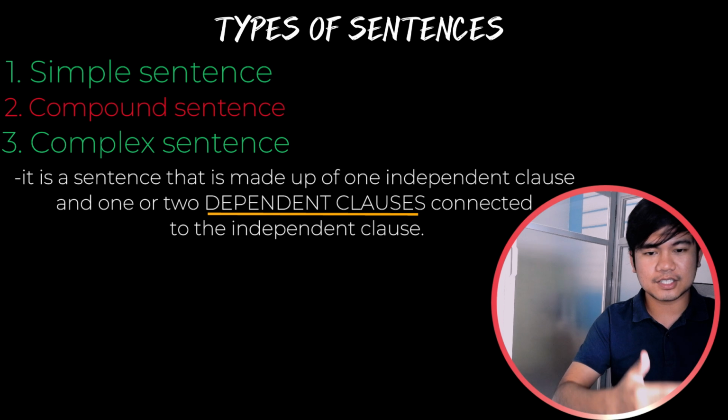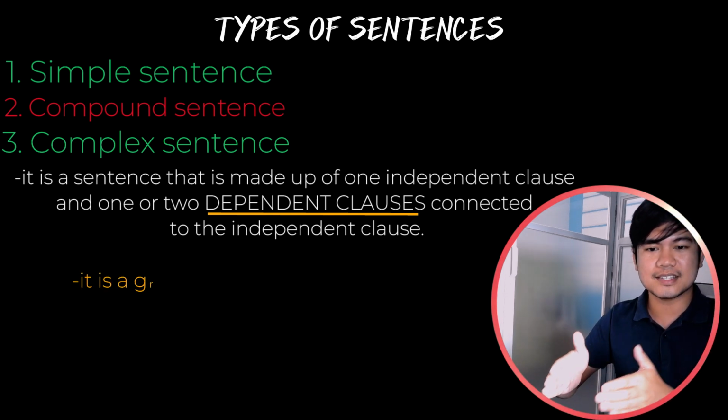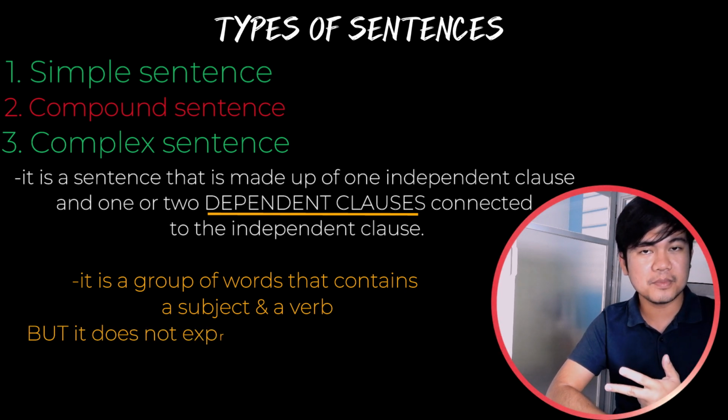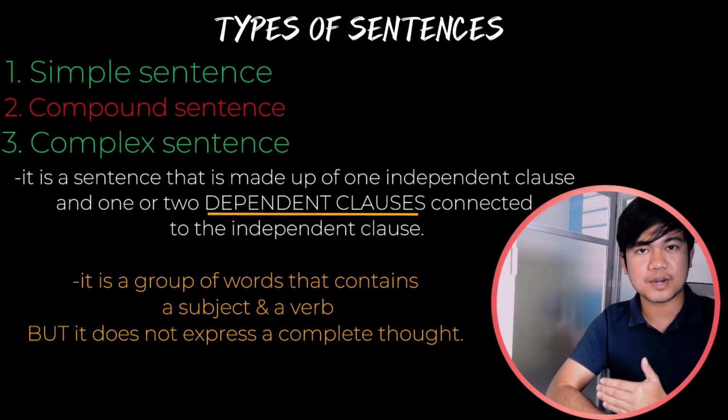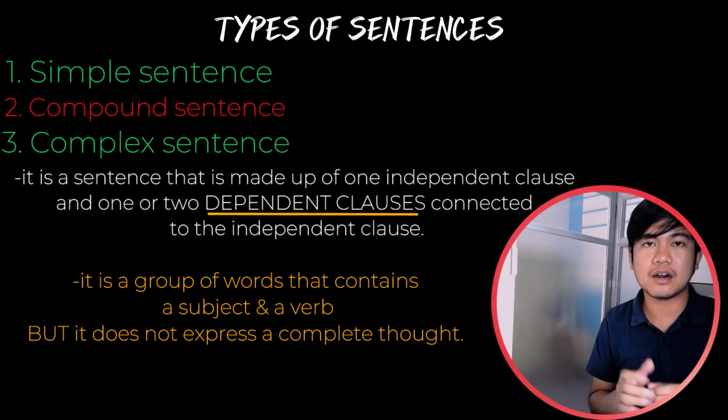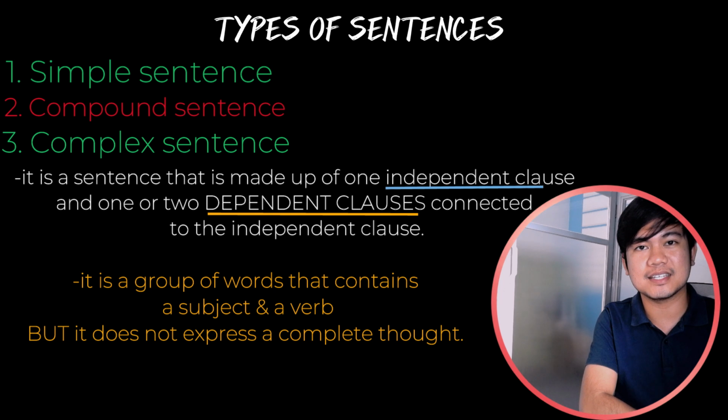Well, a dependent clause is a group of words that contains a subject and a verb, but does not express a complete thought. So this is the opposite of an independent clause.